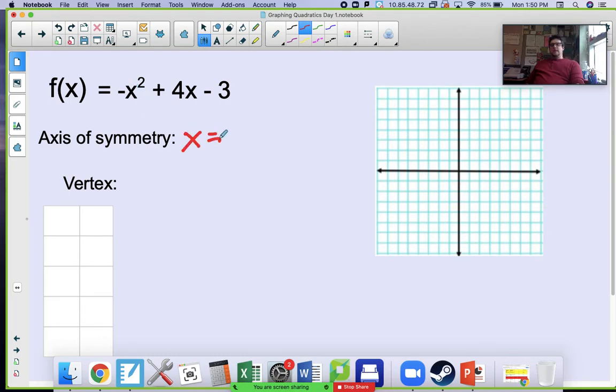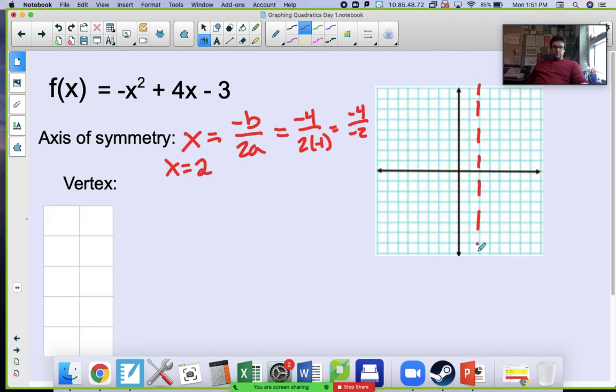You have to find the axis of symmetry in the way that I've shown you. You have to use -b over 2a. So negative b is -4 all over 2 times -1. So we get -4 over -2. So our axis of symmetry is 2. So there's our axis of symmetry.